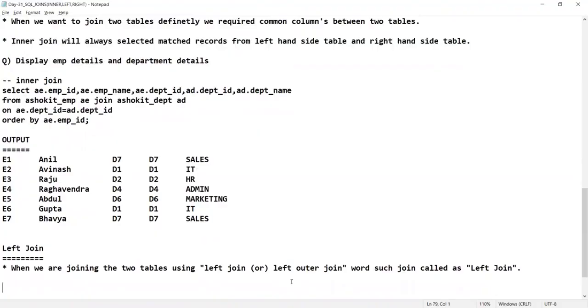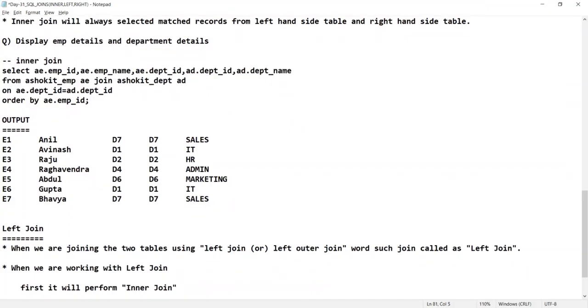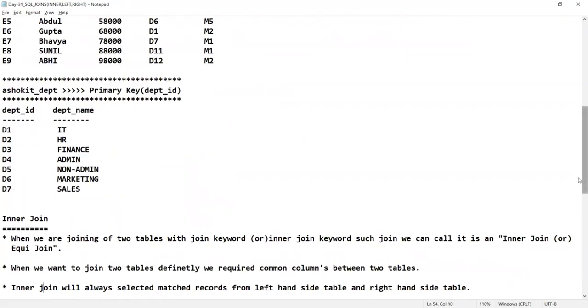So when we are working with the left join, first it will perform an inner join. When we are working with the left join or the left outer join, first it will perform an inner join.